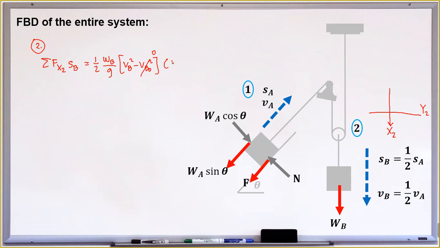So we take positive if going downward. So we have the weight of the block B, WB, multiplied by SB, that is equal to 1 half WB over G times VB square. Okay, so VB square na siya.